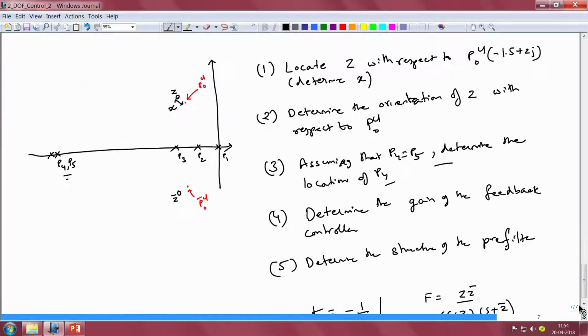In particular, we know that our feedback controller needs to have a pair of zeros that are located very close to the pair of dominant closed loop poles, which we have in this case called PCL0. These are essentially the poles minus 1.5 plus 2j and minus 1.5 minus 2j.